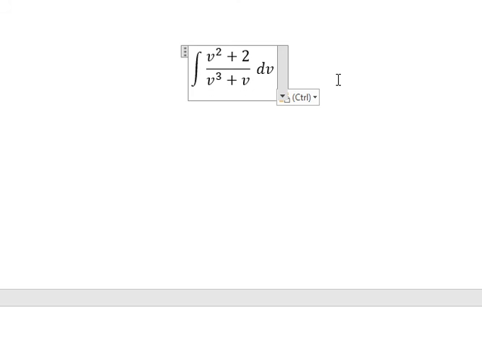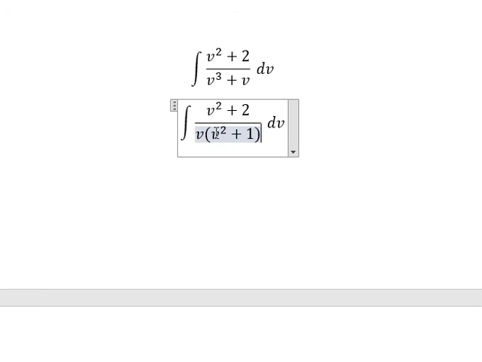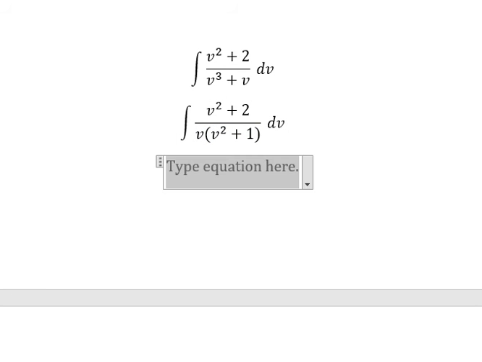So this one we can do factorization. So I need to use partial fractions.